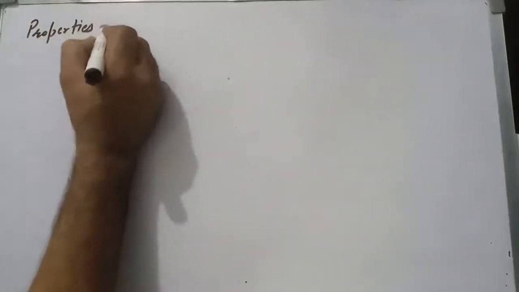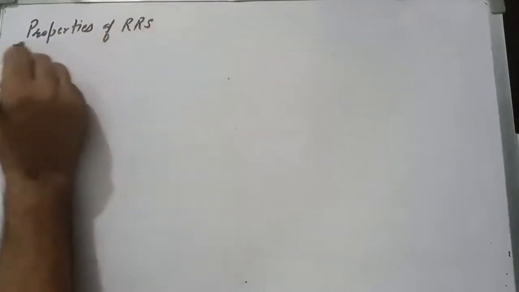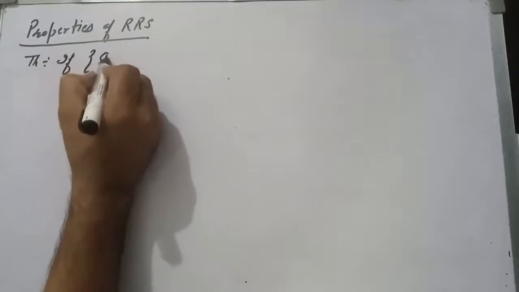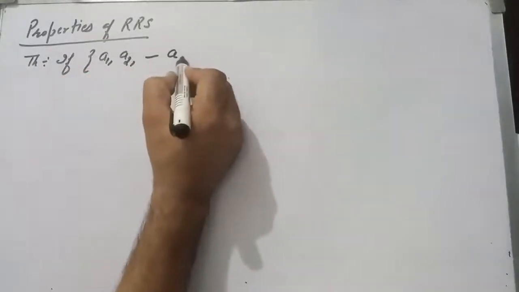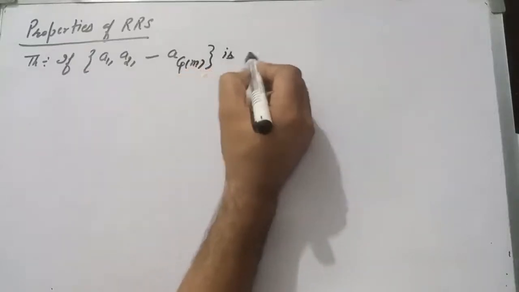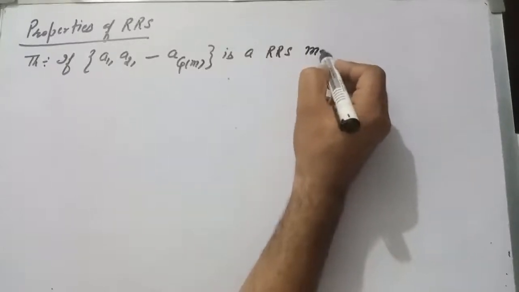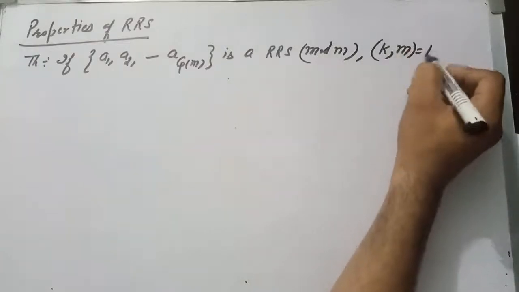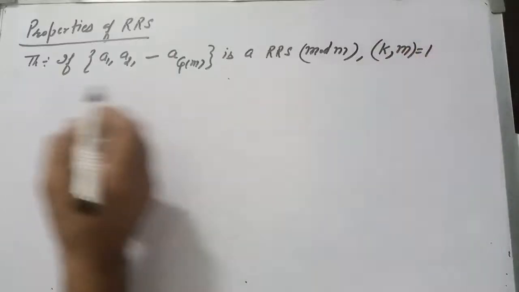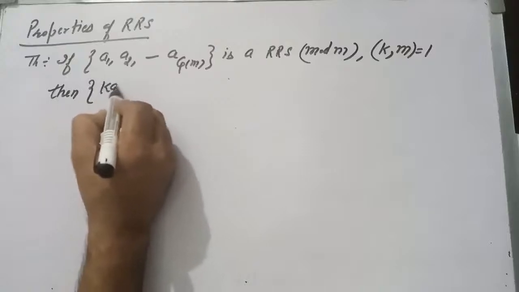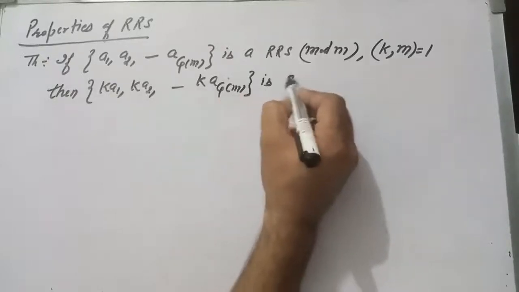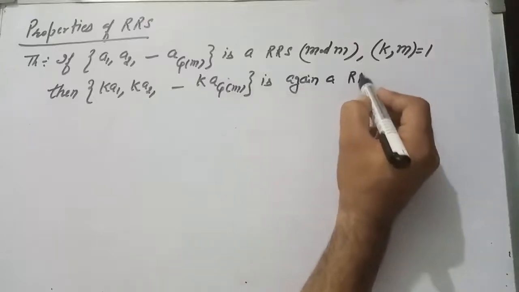Some important properties of reduced residue systems. The first property is that if A1, A2, up to A phi m is a reduced residue system modulo m, and k is an integer which has GCD 1 with m, meaning k and m are co-prime, then KA1, KA2, up to KA phi m is again a reduced residue system.